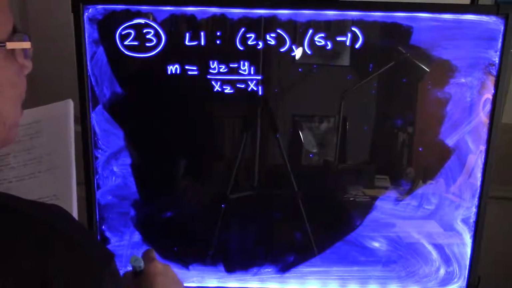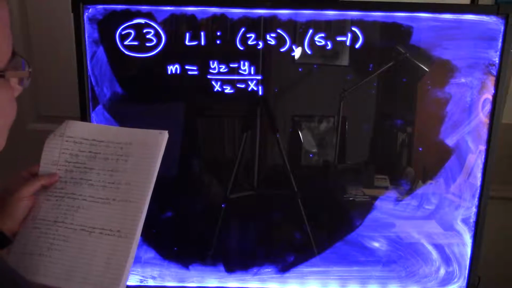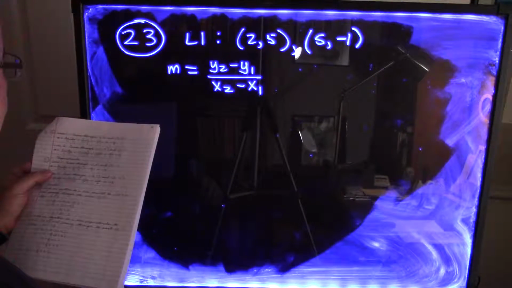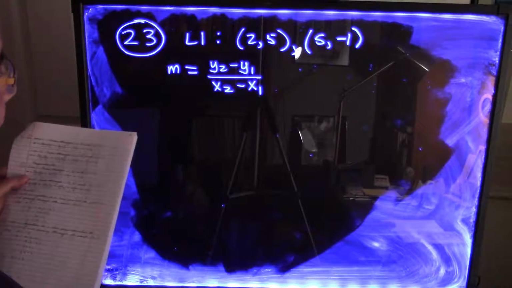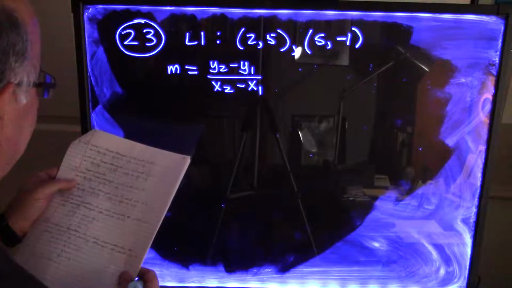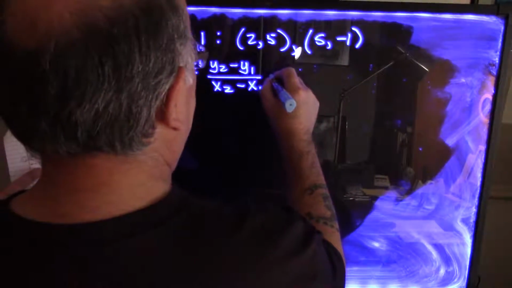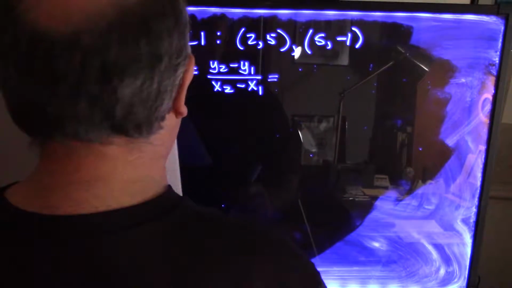I should say y sub 2 and y sub 1, x sub 2, x sub 1 to be proper, but it's so easy just to get by with y2 and y1. And since we understand the context here, I don't think it's going to cause any confusion, so I just do it that way a lot.